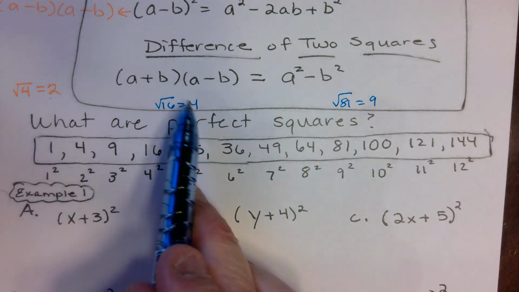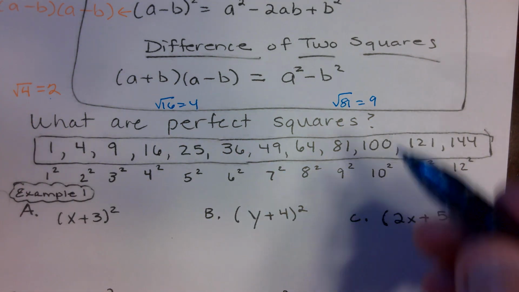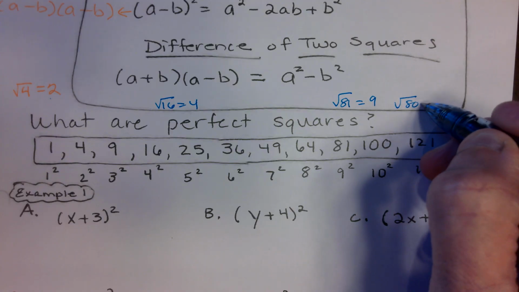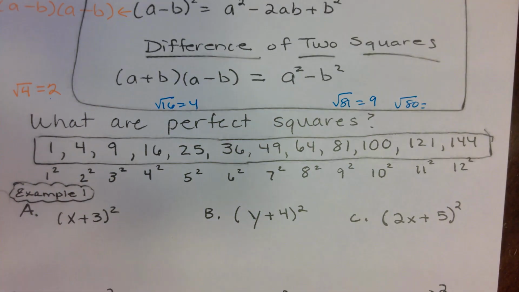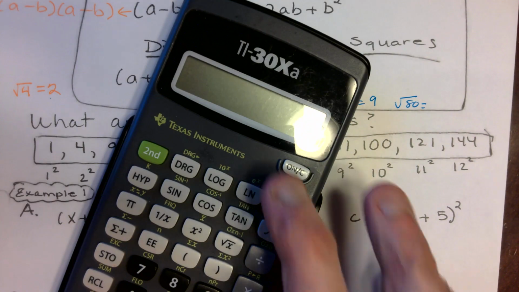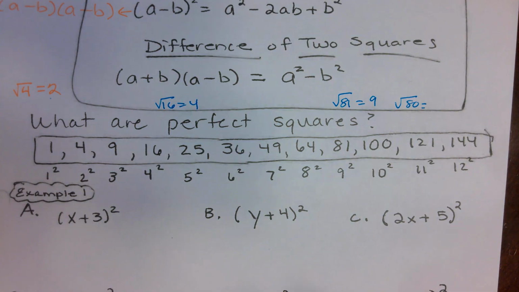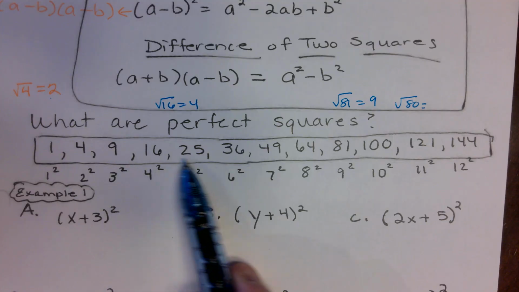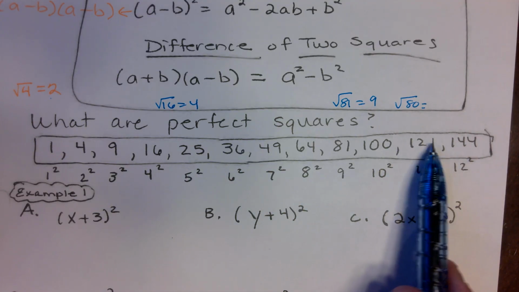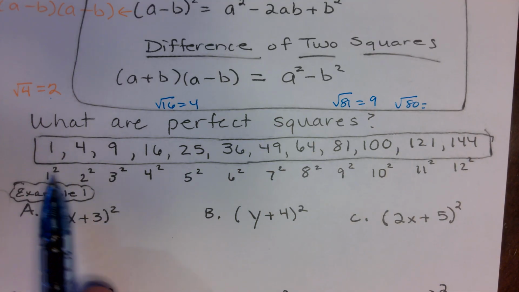I get a whole number when I take the square root. Now if I do the square root of 80, I get that. Okay, so that's not a whole number. So these are all called perfect squares, because when you take the square root of them, you get a whole number.